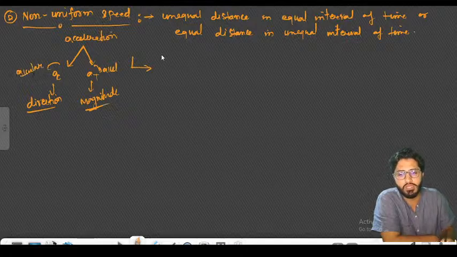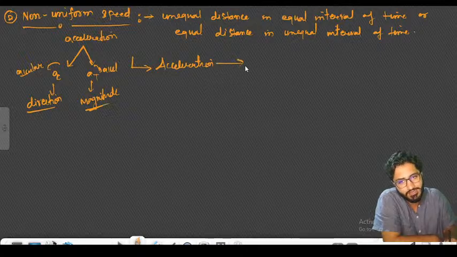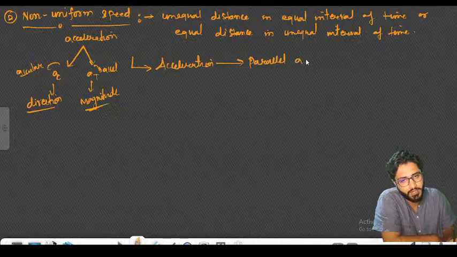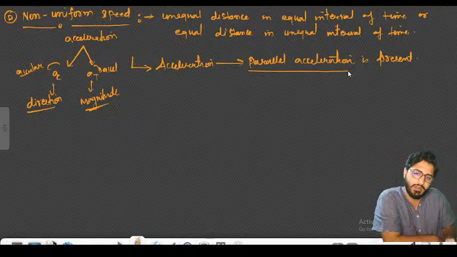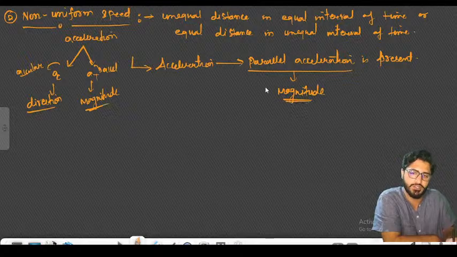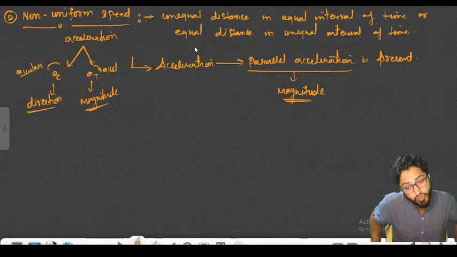So what about the acceleration here? You will write parallel acceleration is present. Why? Because this parallel acceleration is responsible for magnitude change, and in non-uniform speed, magnitude changes. That's why parallel acceleration should be present.